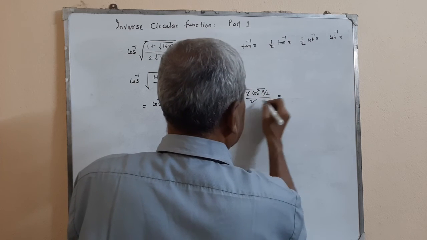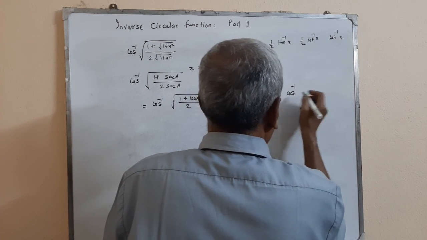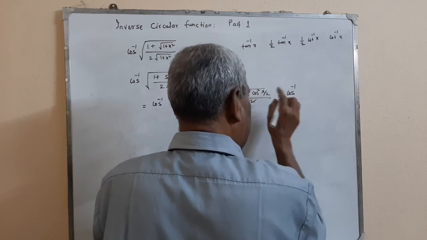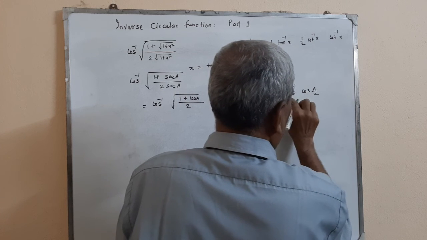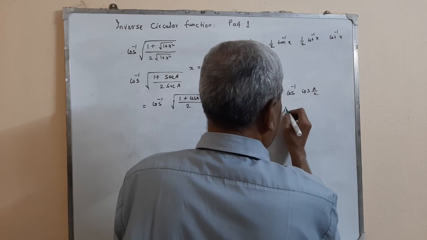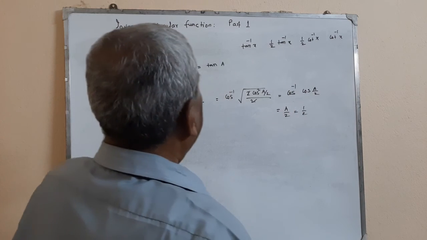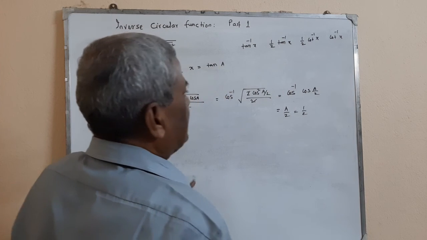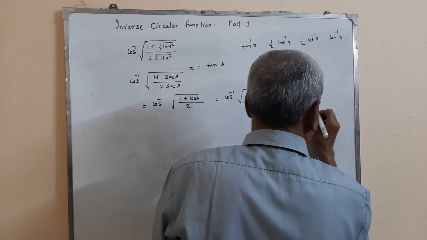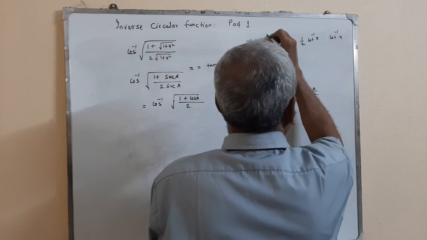So 2 cancels, cos inverse root over cos square A by 2, so cos A by 2. So cos inverse cos A by 2 is equal to half of A. A means I have taken A is equal to tan inverse x. So this option is correct.